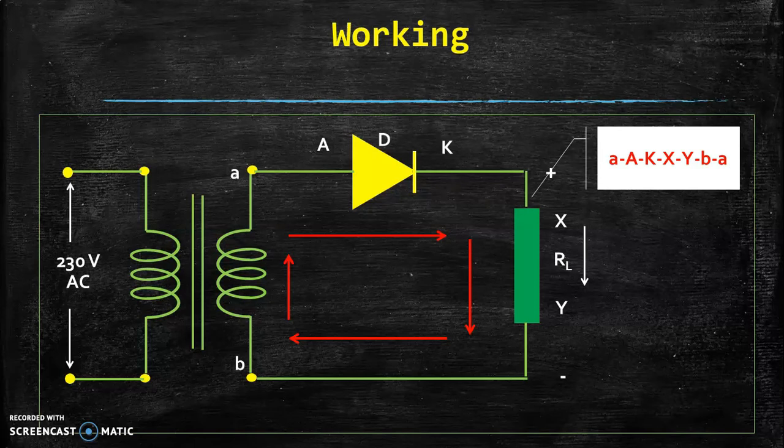So during negative half cycle, there will not be any voltage or current across the load. So that is why during positive half cycle only conduction takes place across the load, and during negative half cycle there is no conduction at all, and that is why it is known as a half wave rectifier.